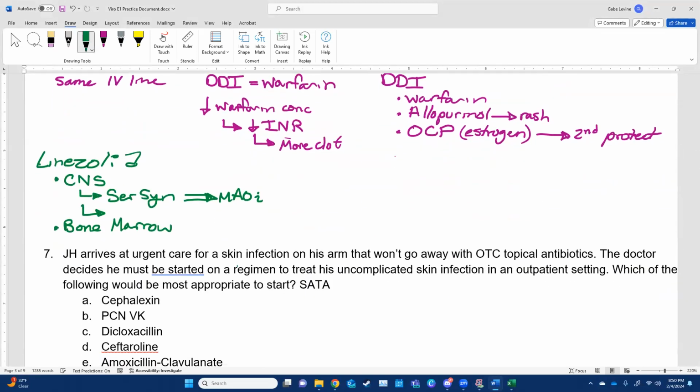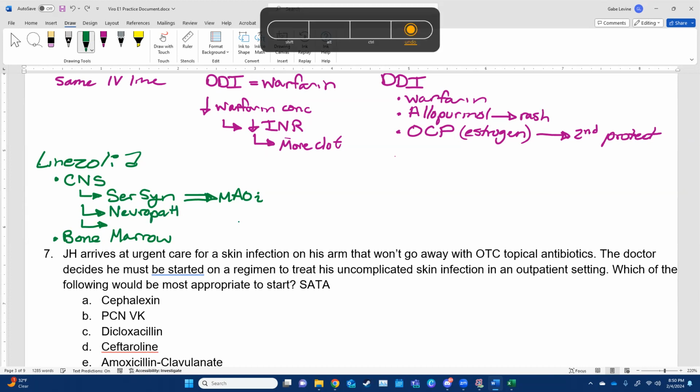What is the other thing it's doing in the CNS? There's two other things it's doing. Neuropathy, yep. Peripheral neuropathy, optic nerve.